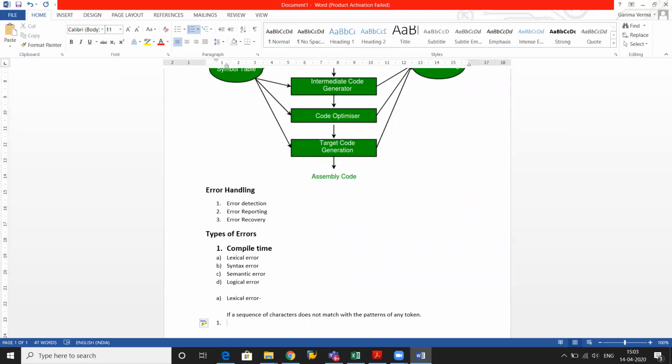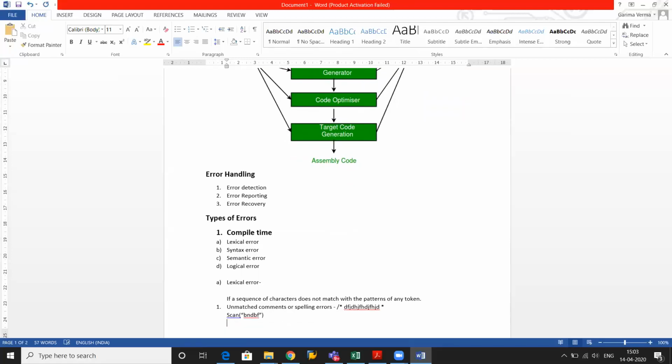I'm giving you some examples, like unmatched comments, or you can get spelling errors. For example, I have started the comment, I've written the comment, but I forgot to end the comment properly. So it is an unmatched comment. Spelling error: what is a spelling error? Suppose the spelling of scanf was scanf and I forget to write the f and I've written the command, right? So this is the spelling error.